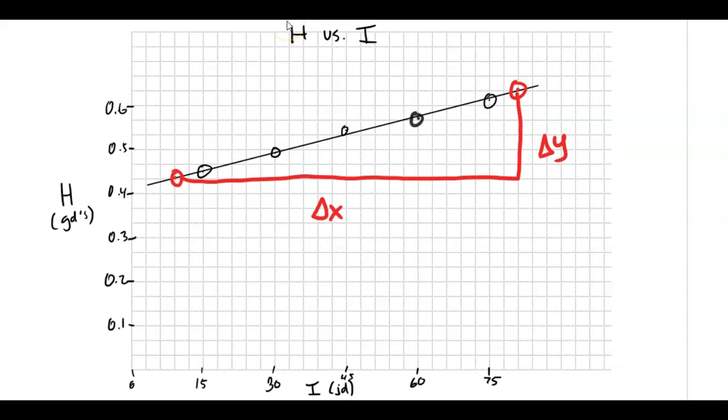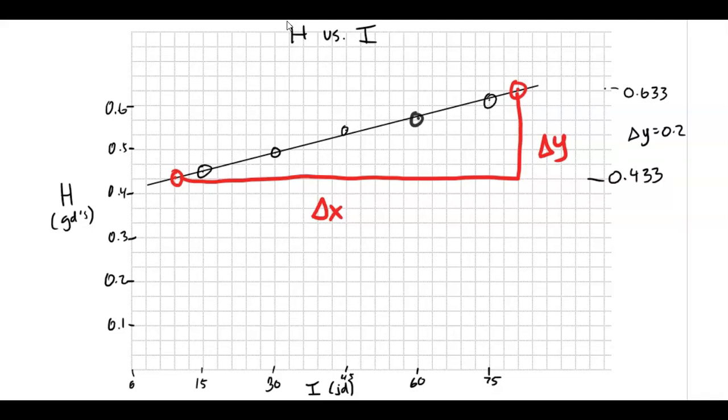So that change in y is going from 0.433 up to 0.633. So that would be a delta y of 0.2 change, right?